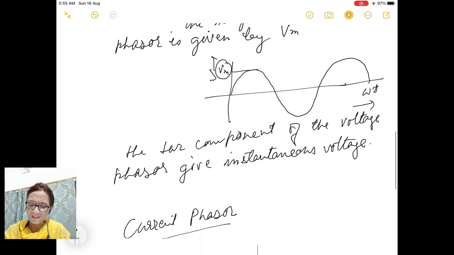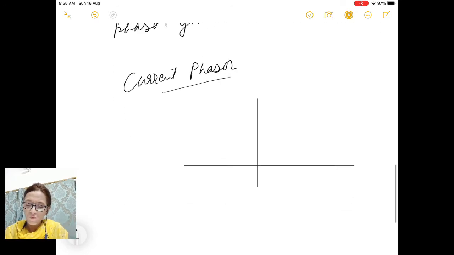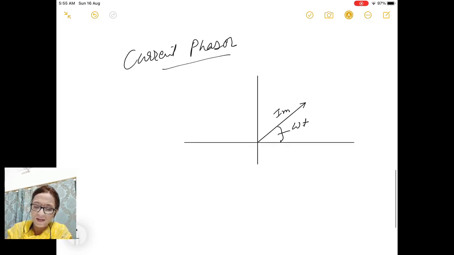So at any instant t, if a rotatory vector has magnitude equal to the current amplitude and is at an angle equal to the phase angle of instantaneous current, that is omega t, then such a vector is called the current phasor, and it rotates in anti-clockwise direction.